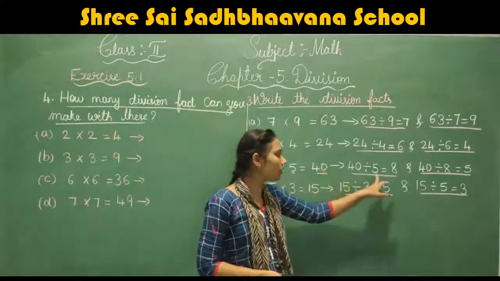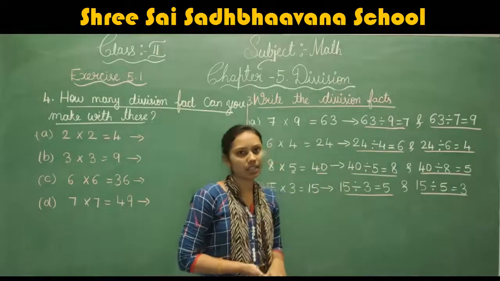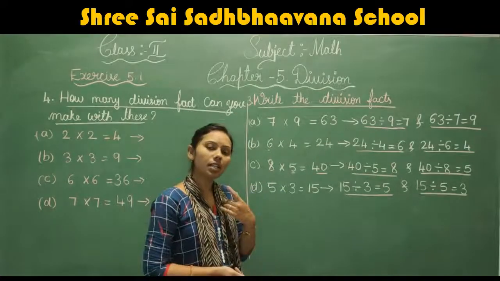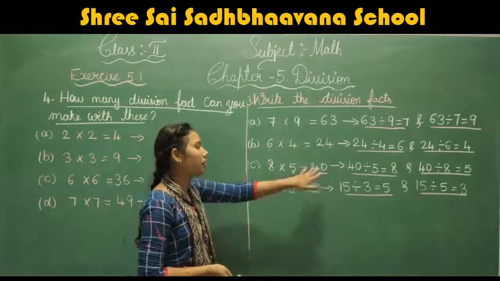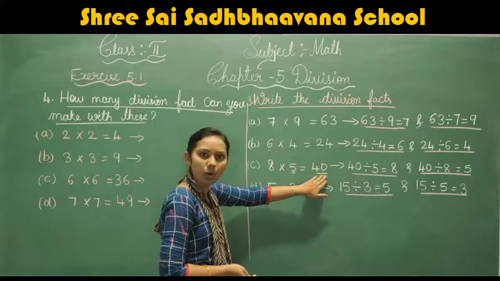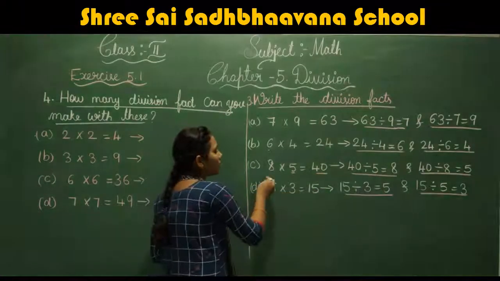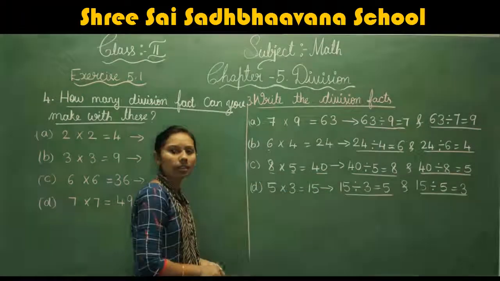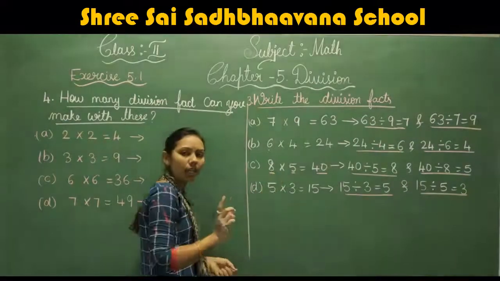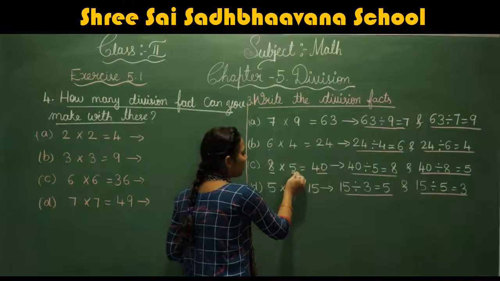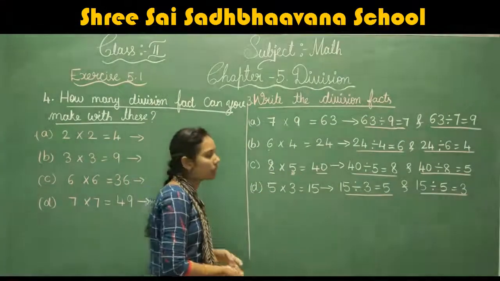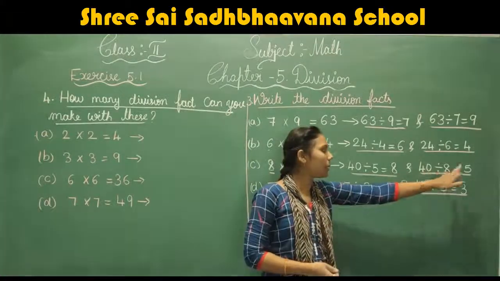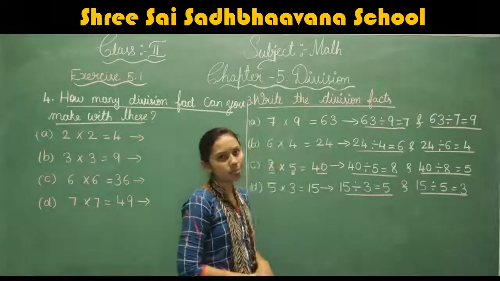See here, 40 divided by 5 is 8. Next, one more division fact is when you divide this 40 by the number 8, you are going to get the quotient 5. See, 40 divided by 8 is equal to 5.